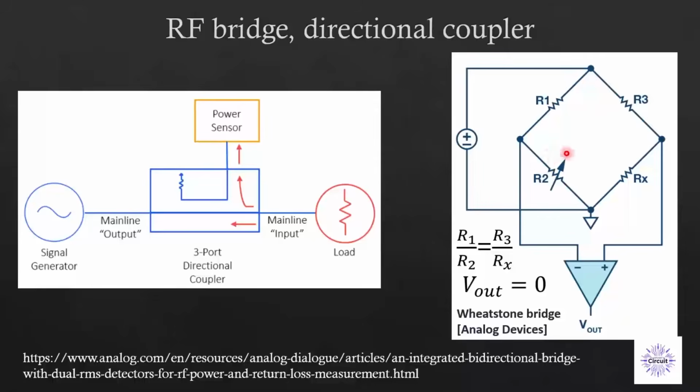But definitely there are some limitations to this bridge. One of the things is that there is a differential to single-ended conversion you need to do, because here you are measuring these two voltages with respect to each other.